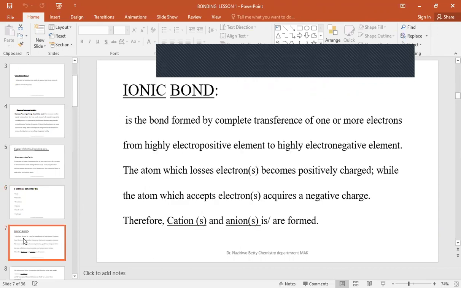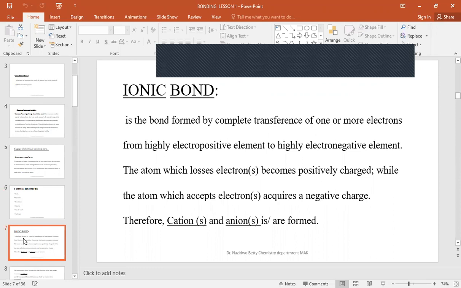So what is an ionic bond? An ionic bond is the bond formed by complete transfer of one or more electrons from a highly electropositive element to a highly electronegative element. Usually the highly electropositive element is a metal, and the metal loses electrons to gain a positive charge. When it has lost electrons, that element is referred to as a cation.